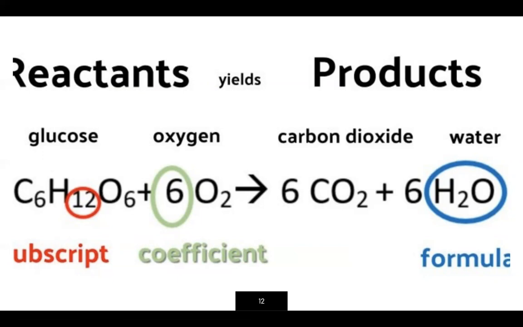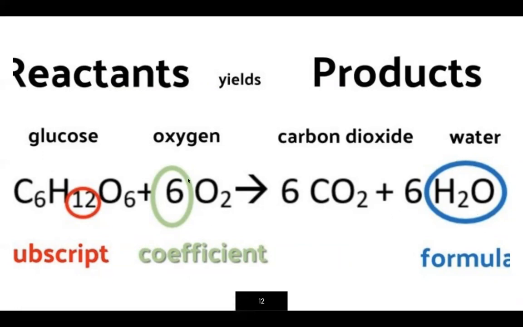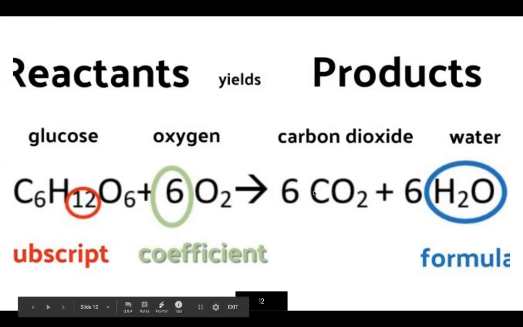We have a formula, the H2O, that's the formula, a coefficient out front, the 6, the subscript, 12. But if we go left to right, we can look at all the subscripts: 6, 12, 6, 2, 2, 2. Same thing for coefficients: 6, 6, and 6.